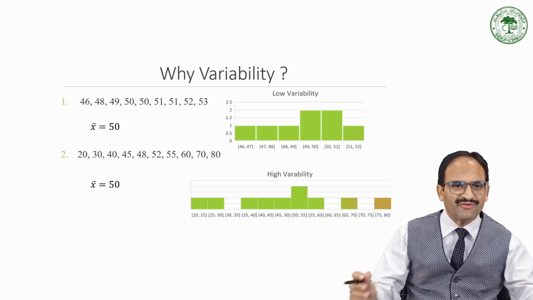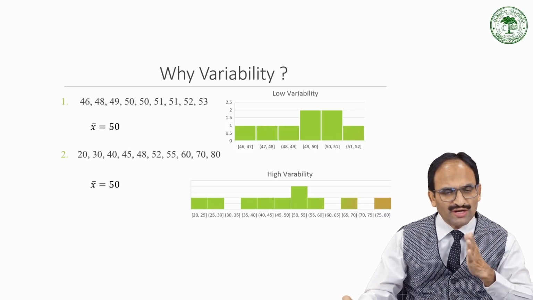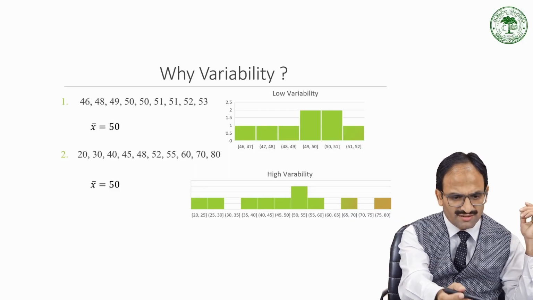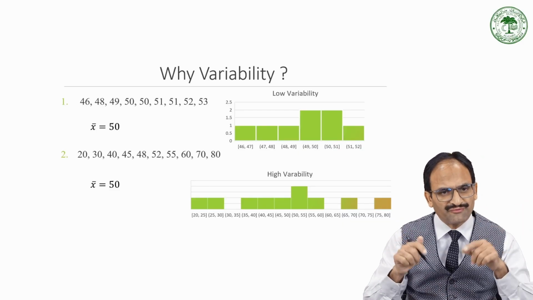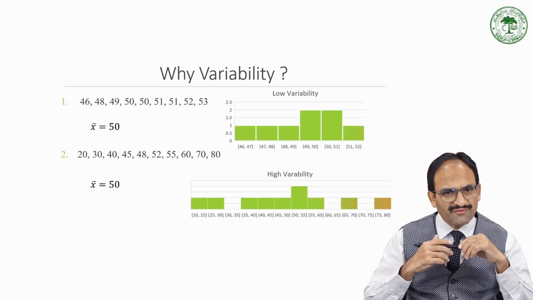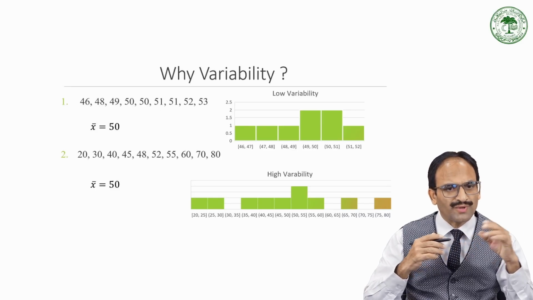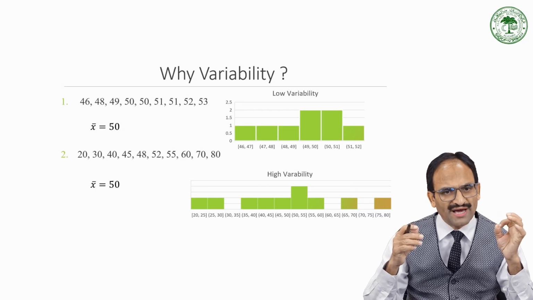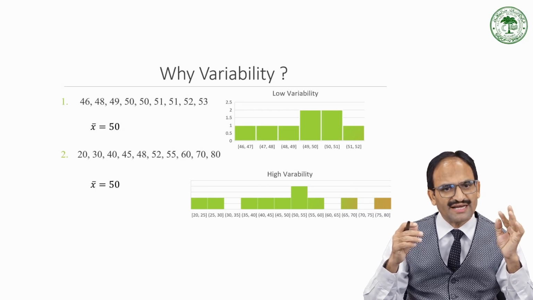Take the first example. There are some values written in the data set: 46, 48, 49, 50, 50, 51, 51, 52 and 53. So, there are 1, 2, 3, 4, 5, 6, 7, 8 and 9 values.